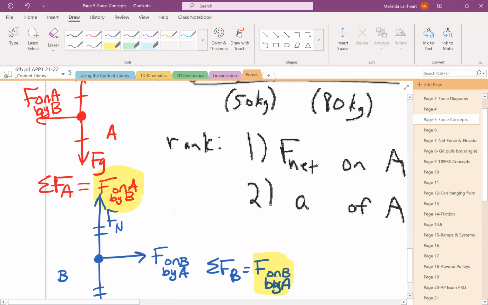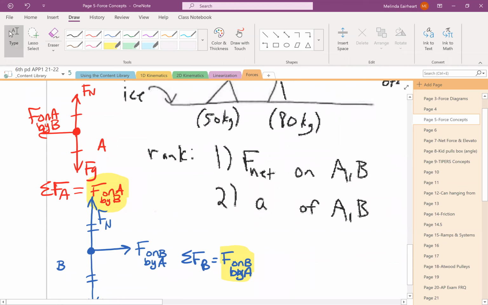If they both equal a net force, well, notice these two forces are equal and opposite in direction, y'all. That is Newton's third law, okay? These are an action-reaction pair.